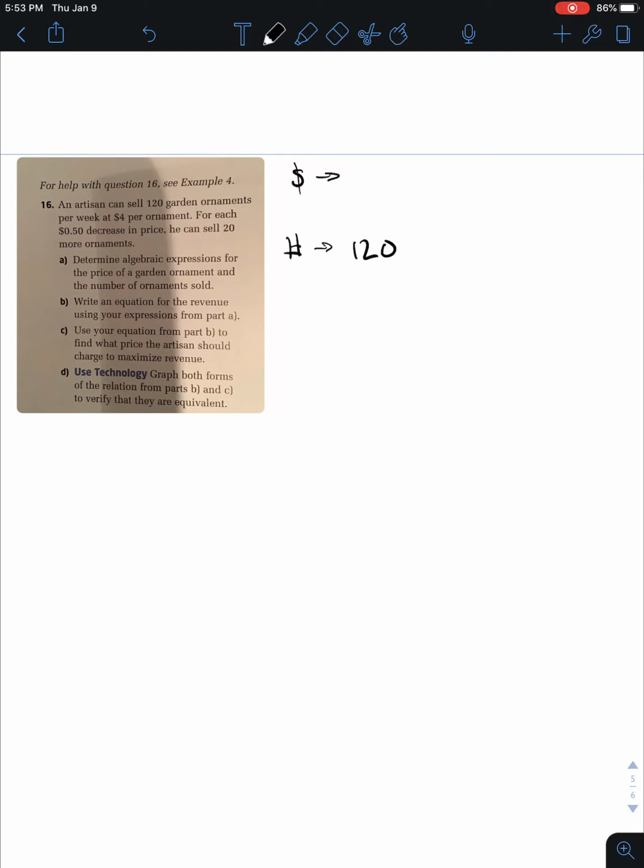That's the idea of these questions. So you have another sticky piece of information here: every time he's going to decrease the price by 50 cents. So I'm going to say let X represent the number of 50-cent decreases. You okay with that?